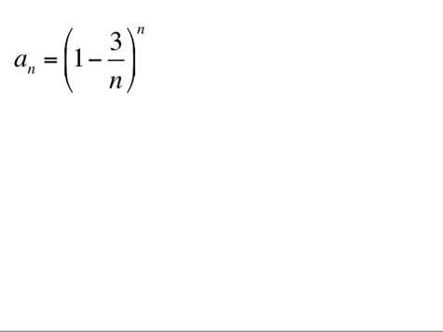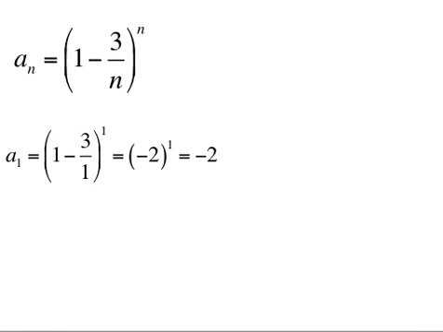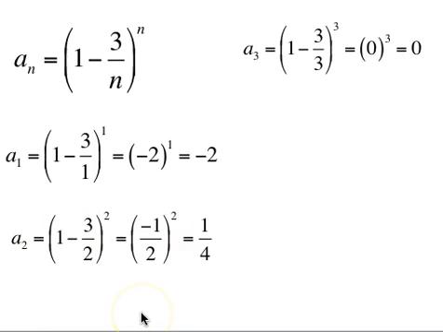Our next example is the sequence a sub n equals 1 minus 3 over n to the nth power. So a sub 1, 1 minus 3 over 1 to the first. That's incorrect. It's fixed. 1 minus 3 over 1 is negative 2 to the first power is negative 2. 1 minus 3 over 2 to the second power, 1 minus 3 halves is negative 1/2 squared is a quarter.